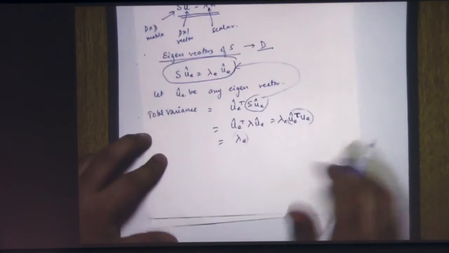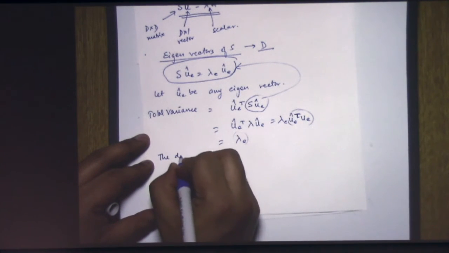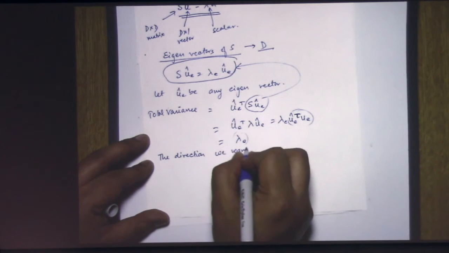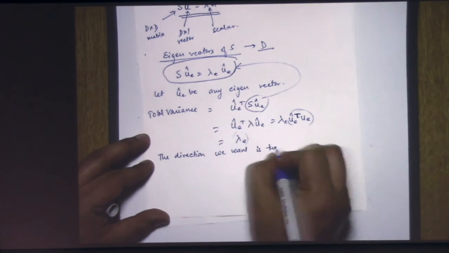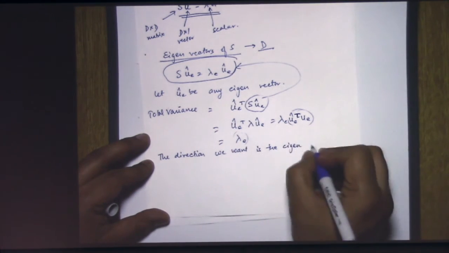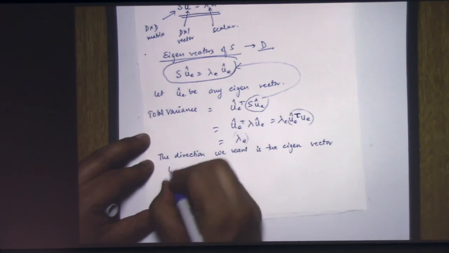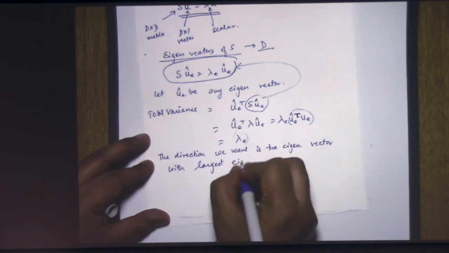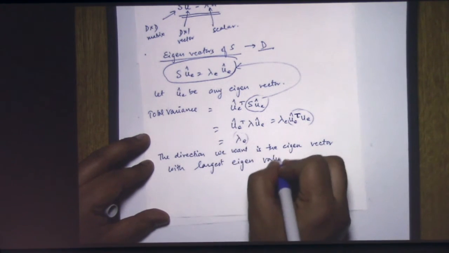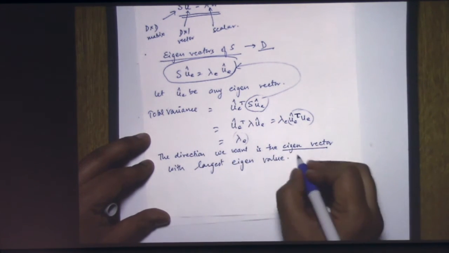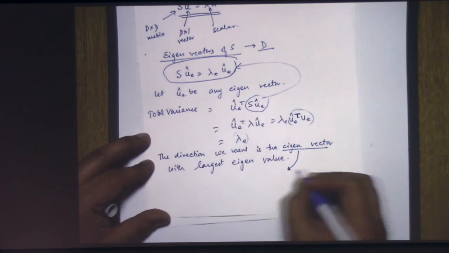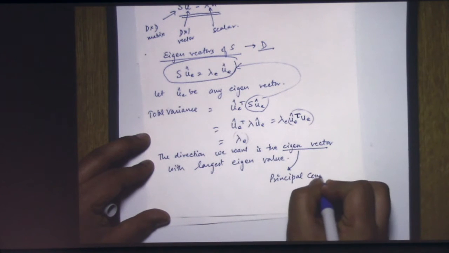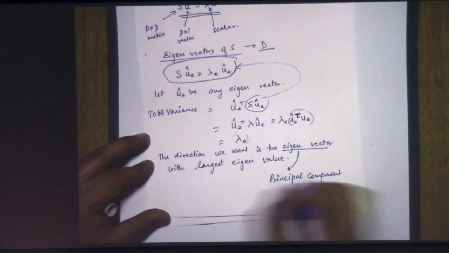Which means that the direction we want is the eigenvector with the largest eigenvalue, all right? And this eigenvector with the largest eigenvalue is also known as the principal component, or the first principal component.